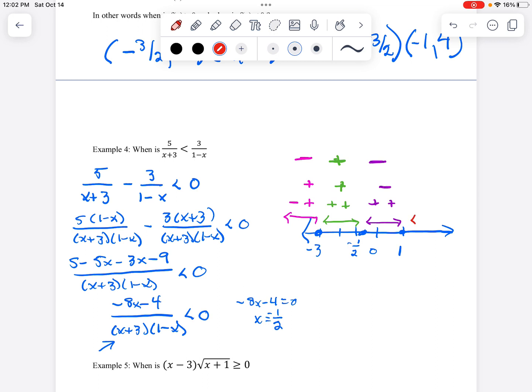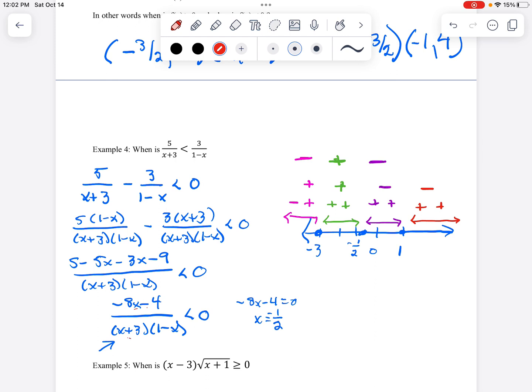And then finally, for any number greater than 1, I'm going to have a negative in the numerator, and a positive and a positive in the denominator. Oh, let's look here. Something's looking up. I'm going to have a negative in the numerator and a positive number here.